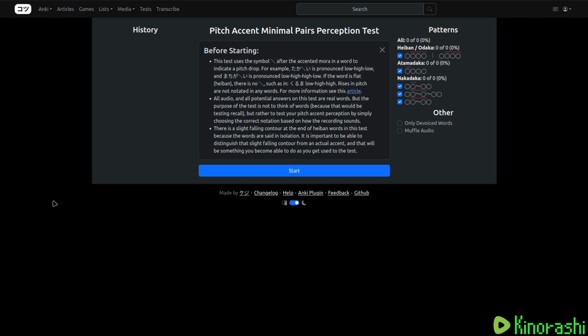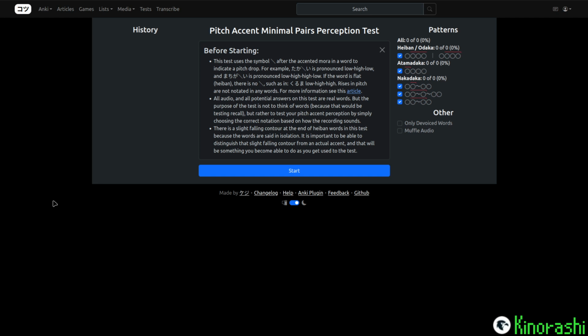If you're not sure of the correct accent of a word, this will be most useful. Among the 10,000 most useful words in Japanese, the Heiban pattern is used about 55% of the time. So if you are completely unsure of the accent of the word, guess Heiban. Start low, then go high and stay high. You will be right more often than you are wrong.